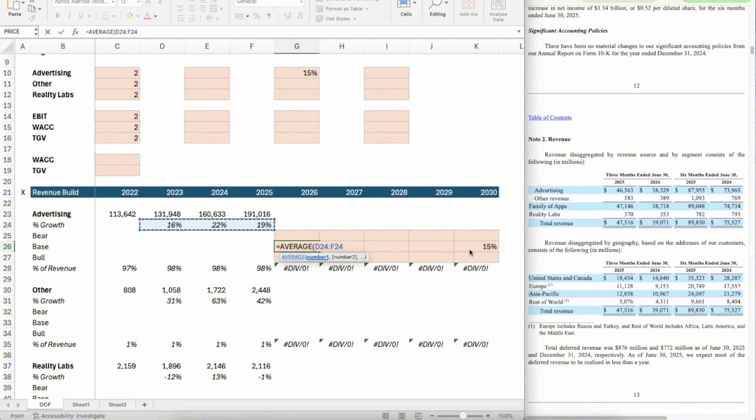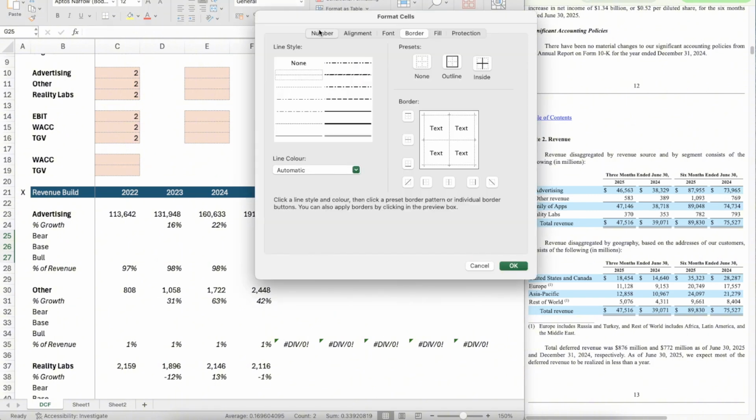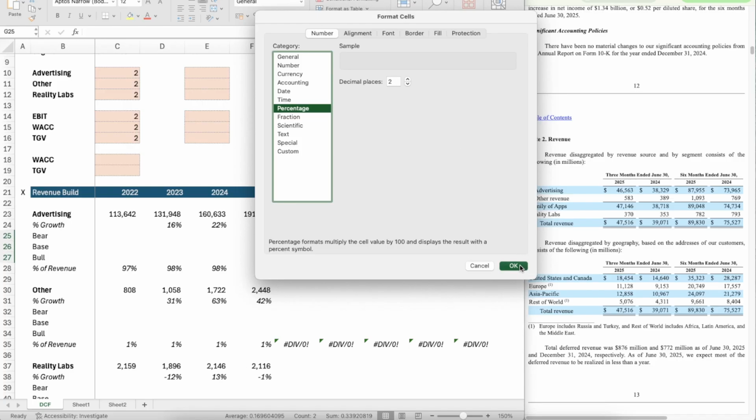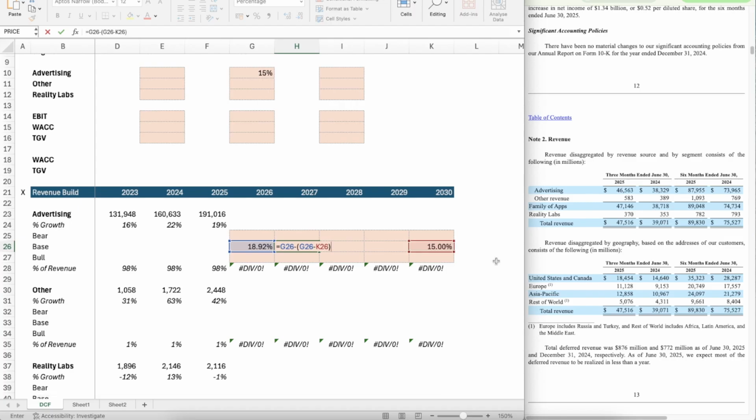And for the 2026, we're going to take an average of the last 3 years, 19%. Let's just format this, 93%, 2 decimal places. Now we go equals, we take the previous year minus the final year, divided by the final year minus this year.